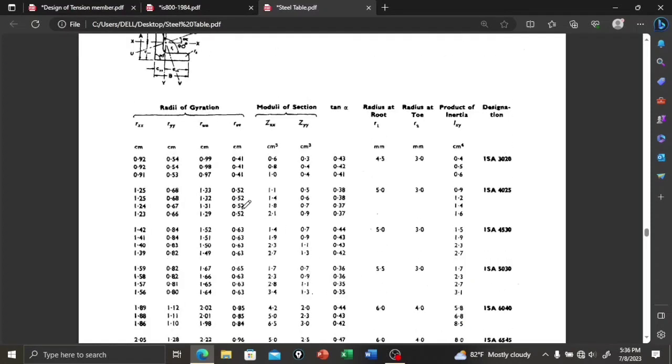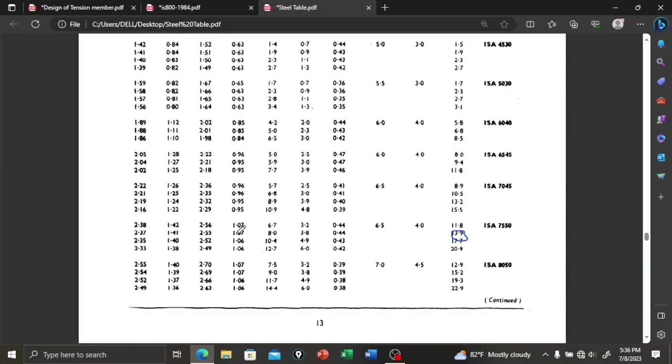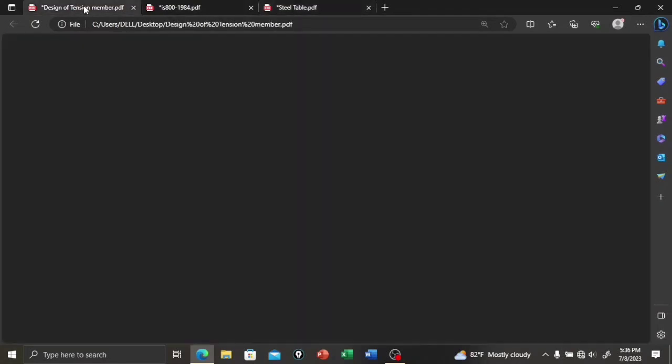So r is given in this column, so minimum r is 1.07. From this column, minimum is 1.07.